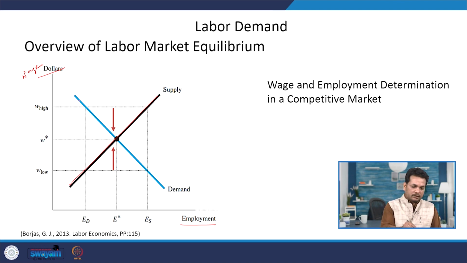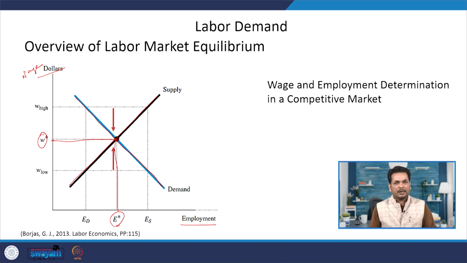We have drawn the demand function for labor which is downward sloping, and the interaction of demand and supply in the market decides that W star is the wage rate and E star is the amount of employment, the number of workers employed in the labor market. Now, this W star wage rate we call the market clearing wage rate, where there is no excess labor and no shortage of labor.